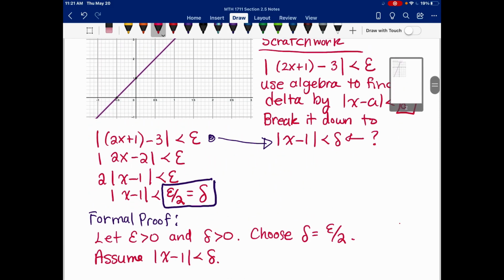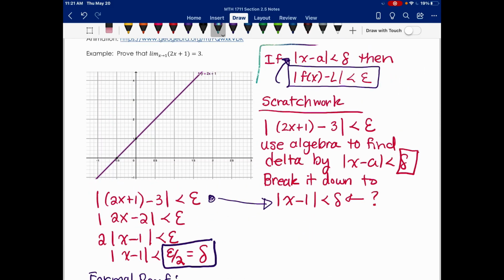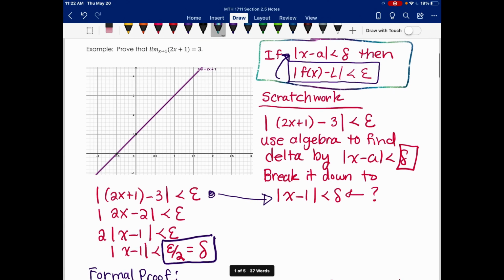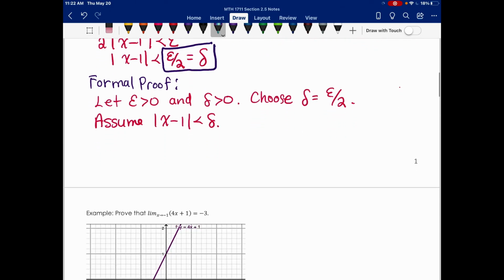If we look back up here, this is essentially what we're trying to show. This is the main goal. If the distance between x and a is less than delta, we want to show that the difference between the function value and the limit is less than epsilon. So we need to assume the if part and show that the then part follows. That's why we assume that the distance between x and 1 is less than delta.